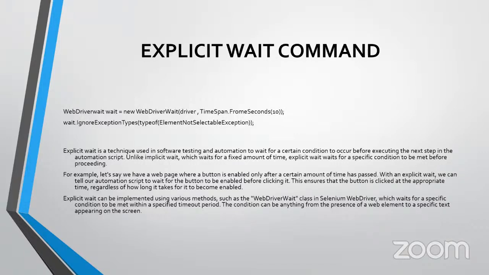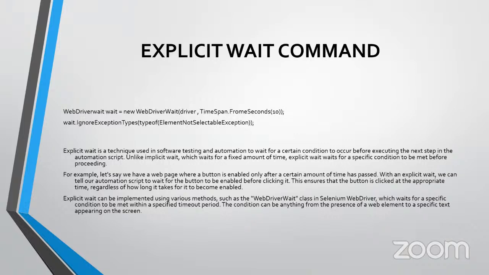For example, let's say we have a web page where a button is enabled only after a certain amount of time has passed. With an explicit wait, we can tell our automation script to wait for the button to be enabled before clicking it. This ensures that the button is clicked at the appropriate time, regardless of how long it takes for it to become enabled.